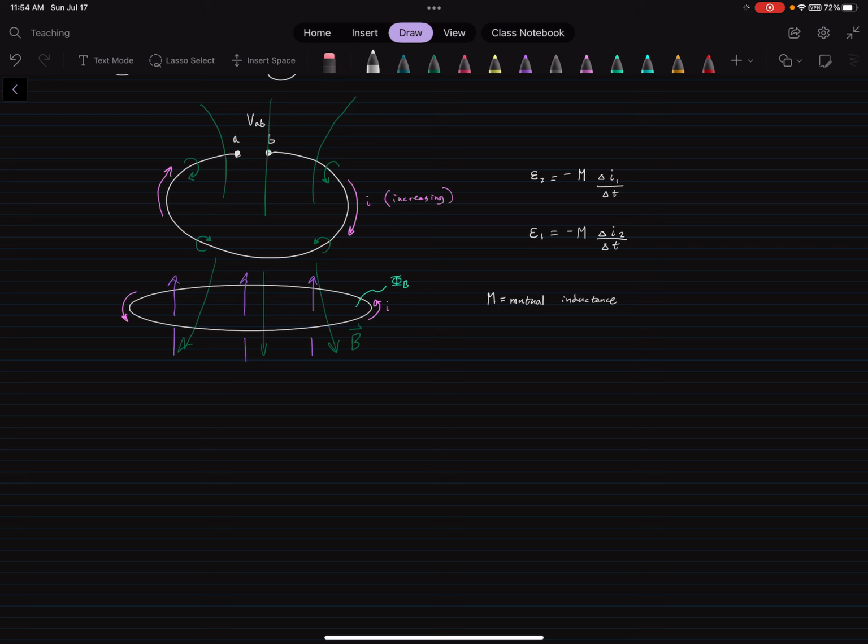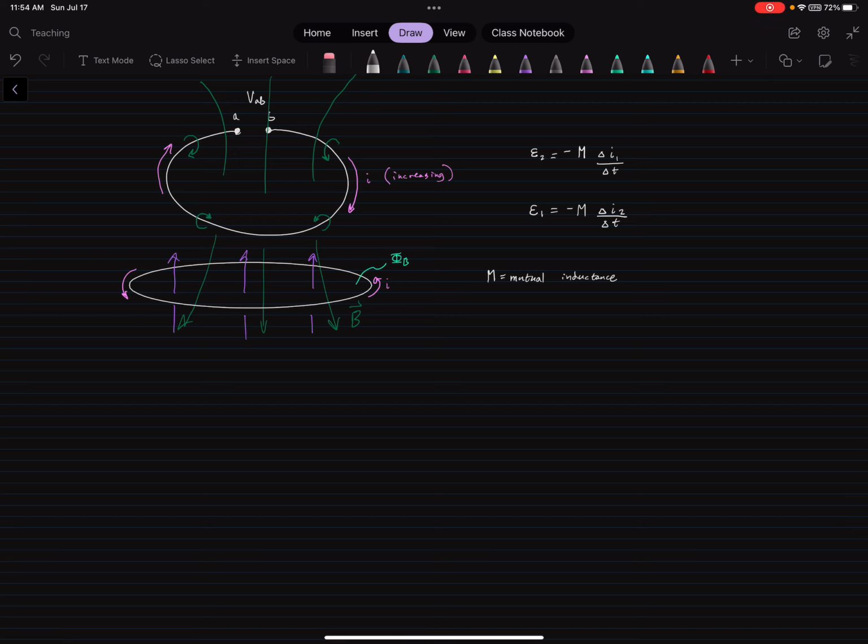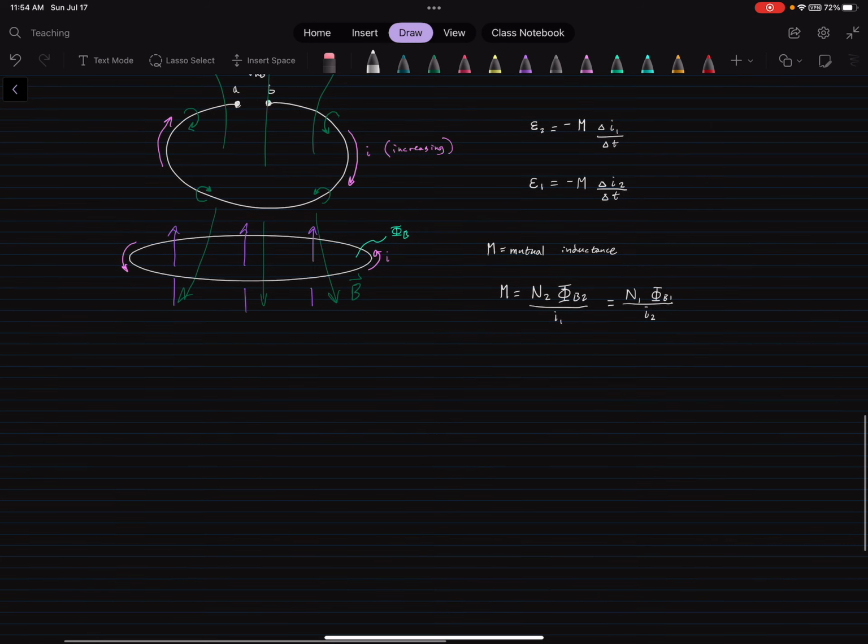So given two loops, there is some mutual inductance factor, and that is equal to N2, I'll talk about what N is, times the magnetic flux through 2 divided by the current of the first, and that is the same value as N1 times the magnetic flux through 1 over the current i2.